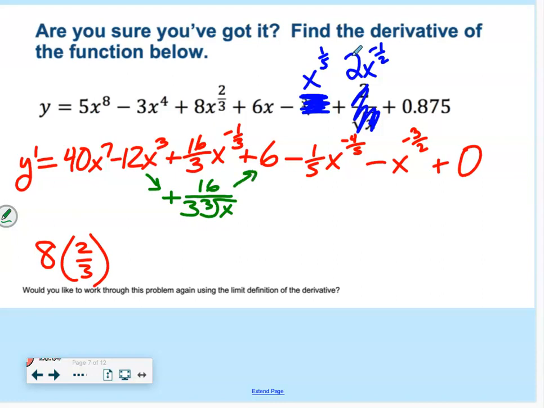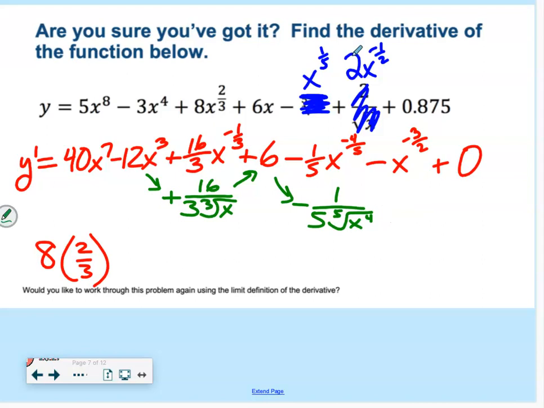So what's on top for this guy? 1. And then on the bottom, we have 5 times the 5th root of x to the 4th. Right, and then you go back up again. One more negative. Oh, we got a lot of negative exponents. Okay, one more.